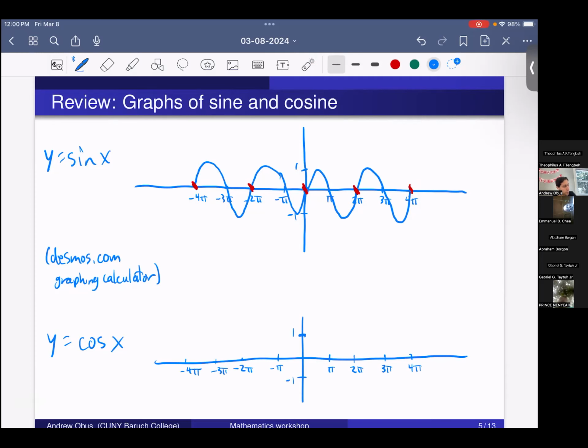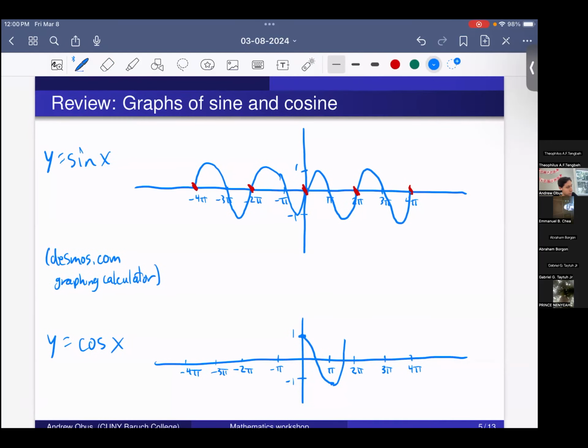So cosine of 0 is equal to 1, so we start at 1. And the cosine graph goes all the way down to minus 1 at pi, and then back up to 1 at 2 pi, and then back down to minus 1, and then back up to 1.